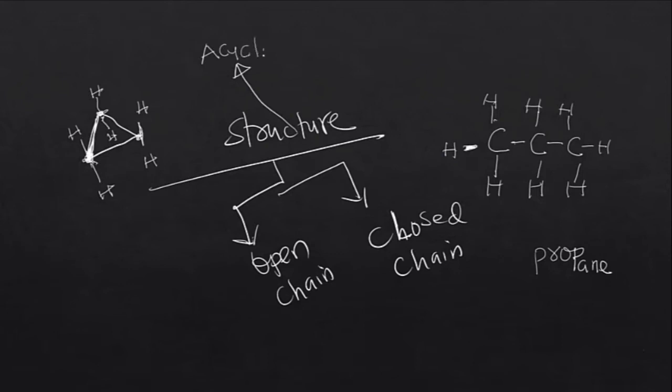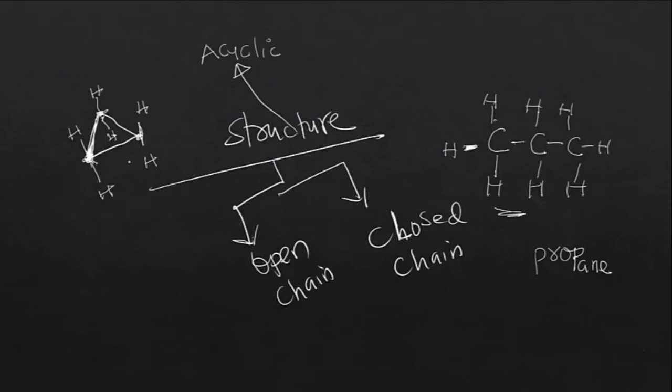Cyclic means closed. Acyclic means the opposite of closed. That means open. It means that the organic structure has its atoms linked together in an open chain. That means that the propane I represented here is an acyclic compound because the atoms are linked together in an open chain.